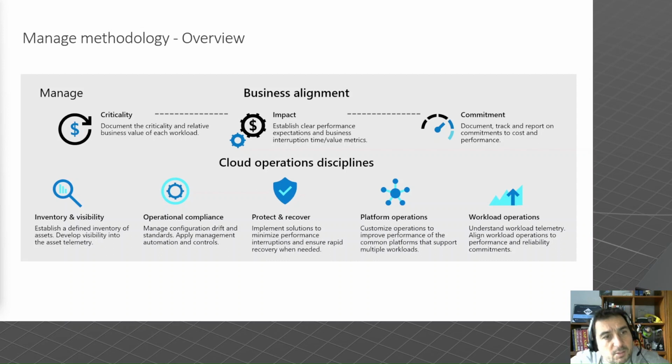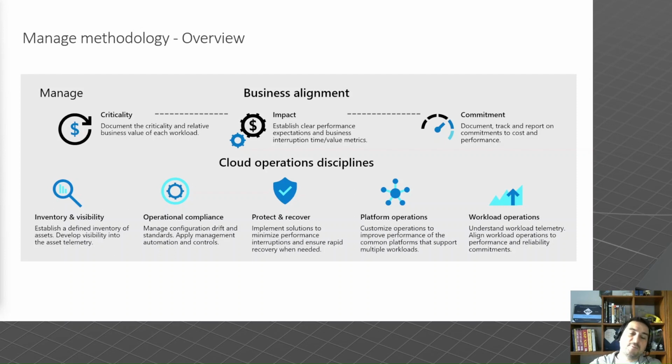As far as the management methodology, right, as far as the business is concerned, we have the criticality, impact, and commitment side on the management, right? We need to determine what's the criticality, so low, medium, high business impact of the workload we are running. What's the impact based on criticality? Because any interruption is not only about time, but it will also cause financial loss on the other side, and then operational strain and things like that.